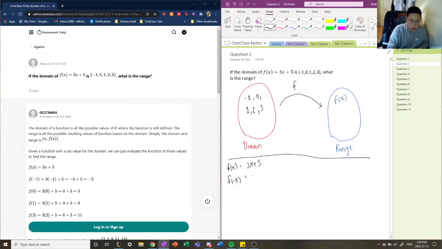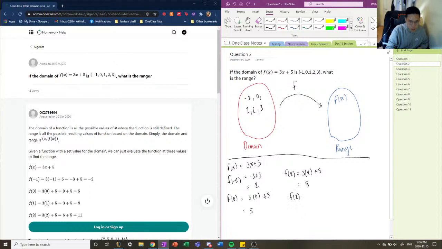That would be negative 3 plus 5, which equals 2. Then f of 0 equals 3 times 0 plus 5, which equals 5. f of 1 equals 3 times 1 plus 5, which equals 8.